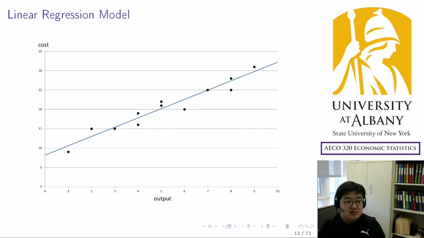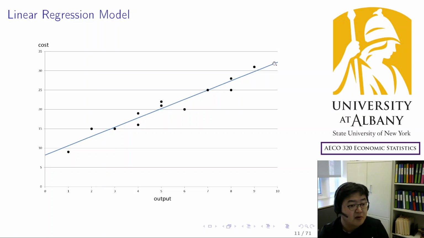Finding the relationship means, on the scatter plot, drawing one trend line, a straight line going through those observations. This is the result of the regression using those data. 12 observations imply this trend.